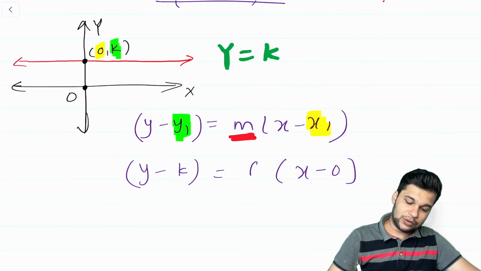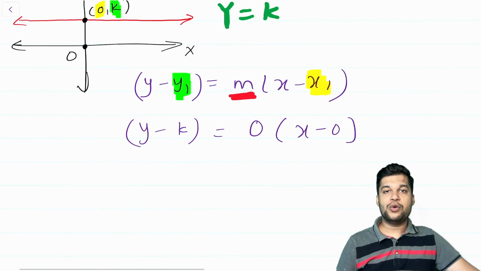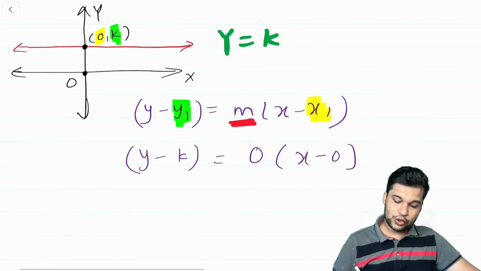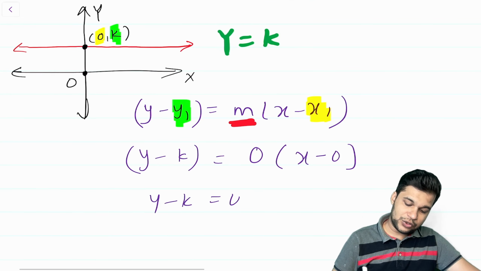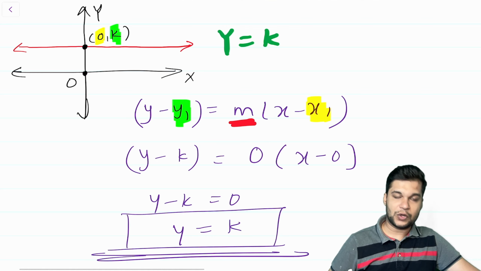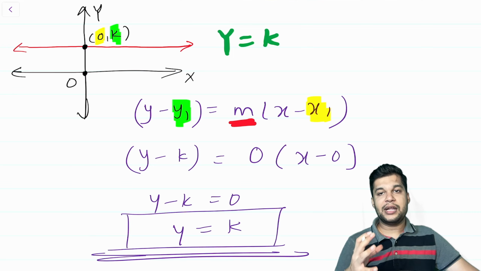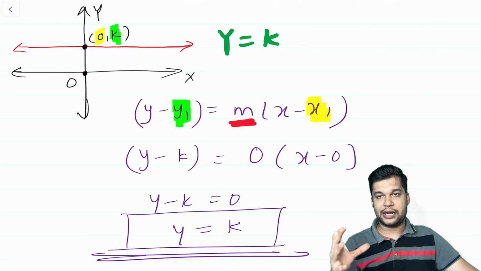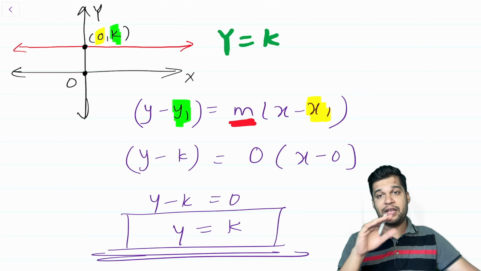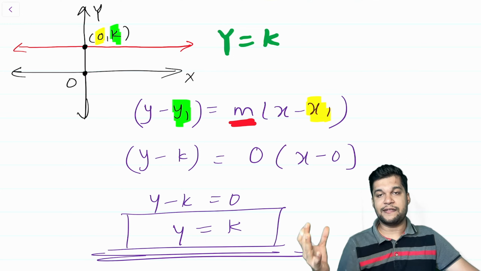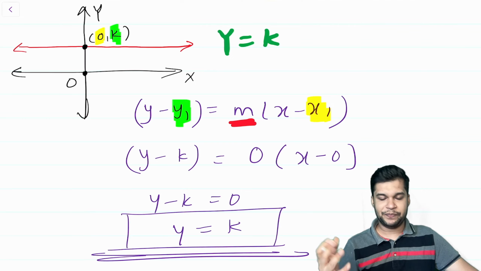So 0 times anything is 0, and it becomes y minus k equal to 0. So y equal to k. This is how you find the equation of any horizontal line. If a line is parallel to the x-axis, its equation will be y equal to some constant, and that constant is the value where your line crosses the y-axis, basically your y-intercept.